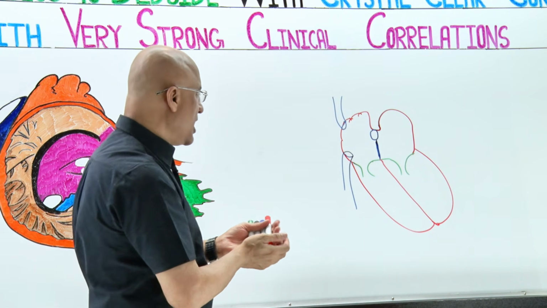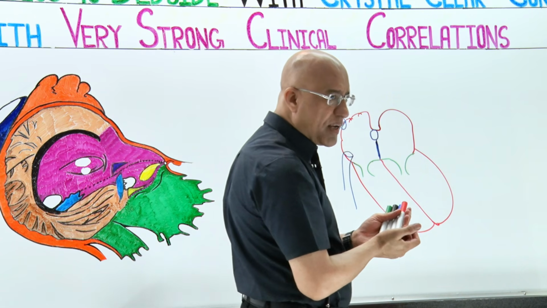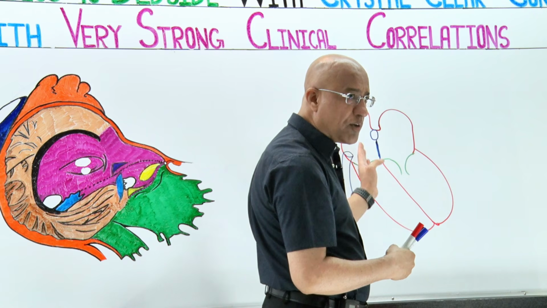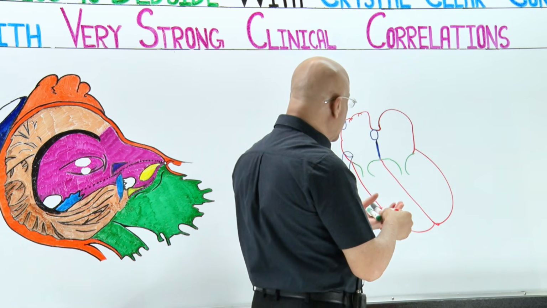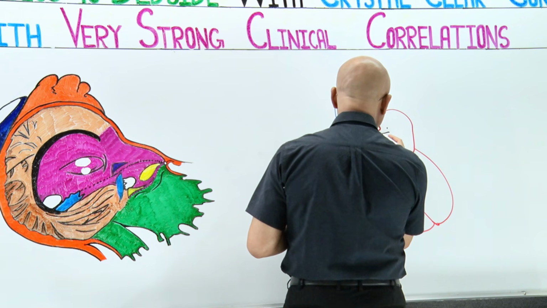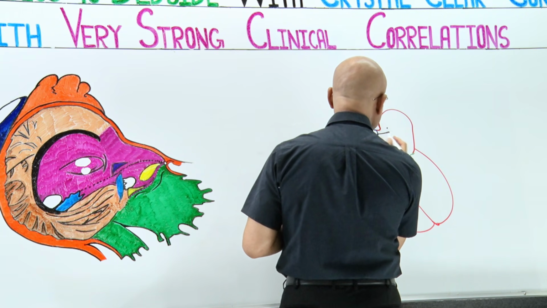So what happens after birth? As I mentioned, pressure on the left side of the heart is more and on the right side is less, so blood will keep on shunting from left side to right side.